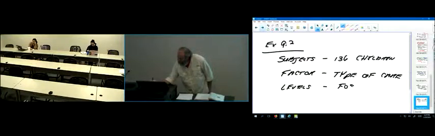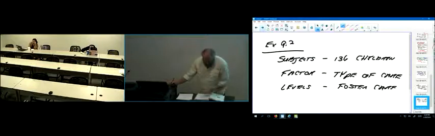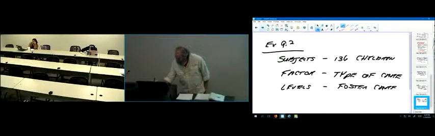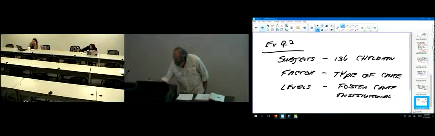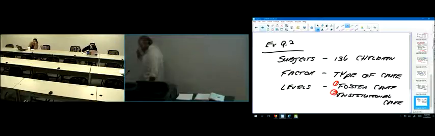Foster home, foster care, or institutional care, the orphanage. Now I'm going to label these. There's 1, there's 2. All right? There's 2 levels of the type of care. There's 2 different versions of the type of care.